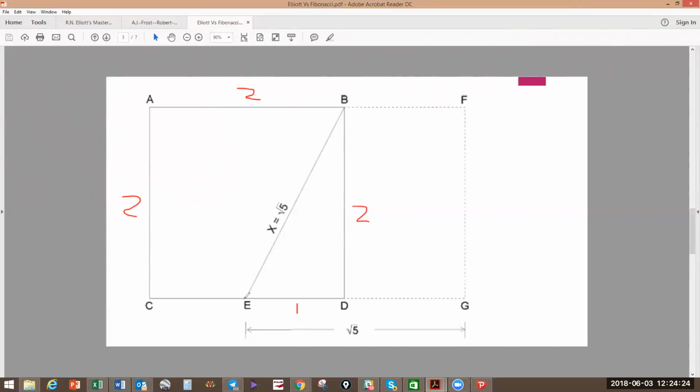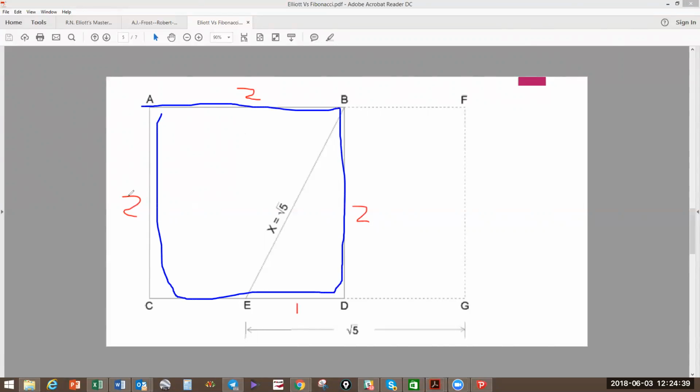We all know the Pythagoras theorem, which says the square of the hypotenuse is equal to the sum of the squares of the two sides. And this Pythagoras square will give you something like this. You start with a square like this, 2, 2, 2 here, and the 2 here. So from there you get this length here, which is the hypotenuse, x, being equal to the square root of 1 squared plus 2 squared.